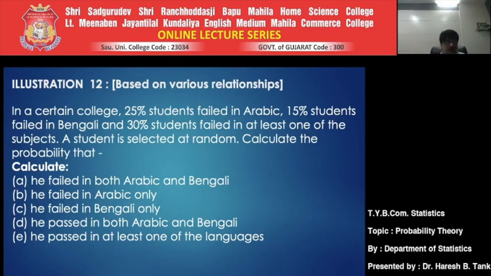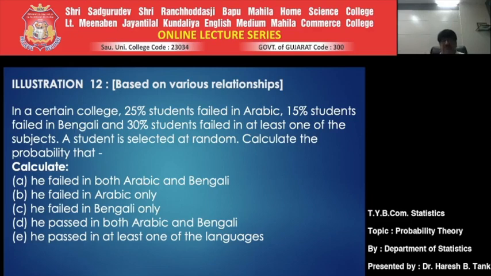Look, the word used here is at least. When I say at least, it means or. Or means union. So probability of A union B is 30%, eliminate percentage by dividing by 100. So 30 divided by 100 is 0.30.